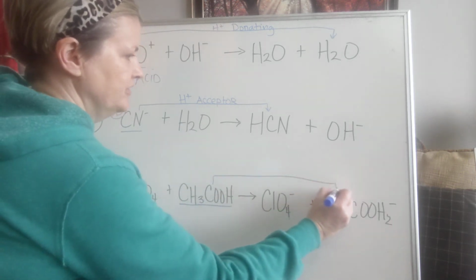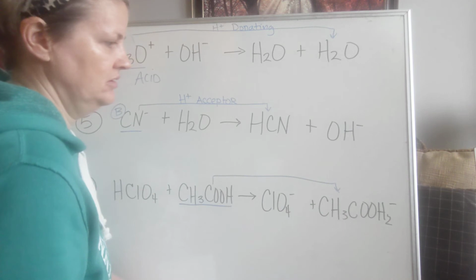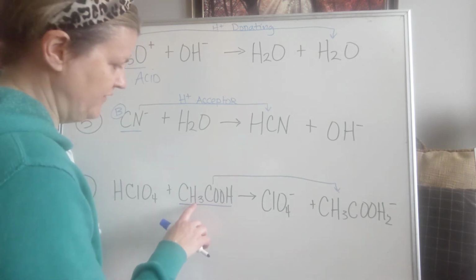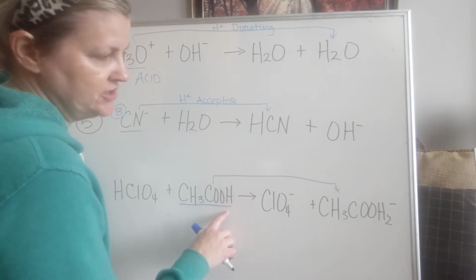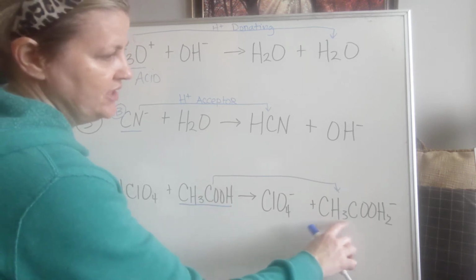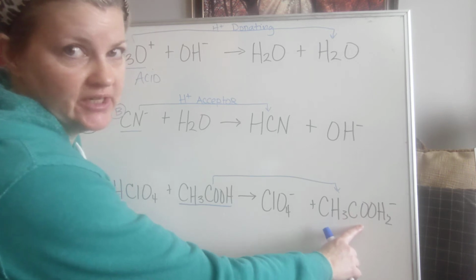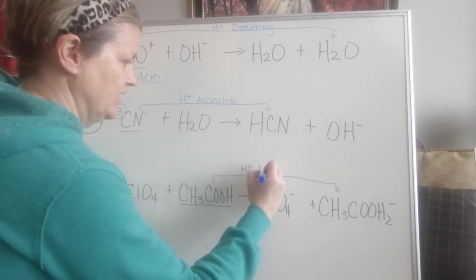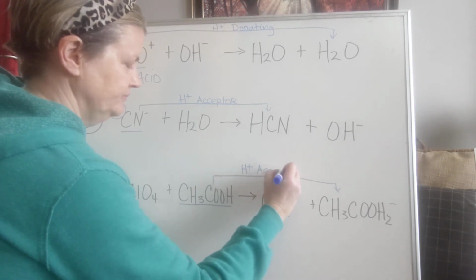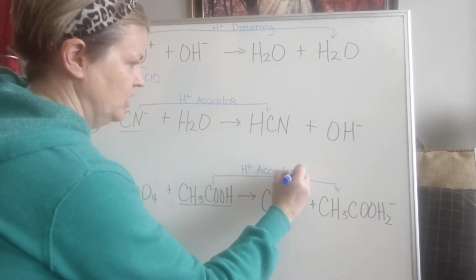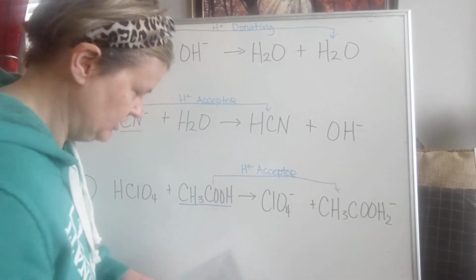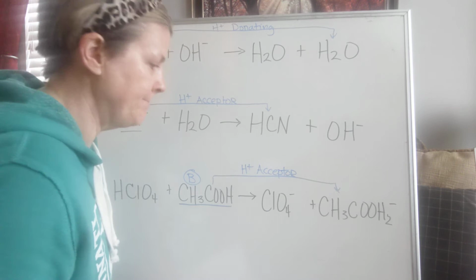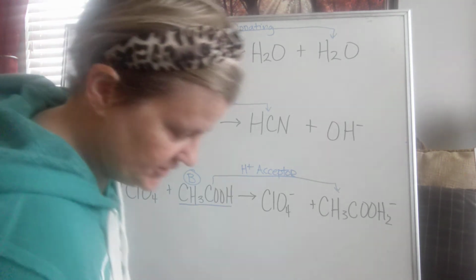We're looking for a difference of 1 hydrogen. So it becomes that guy. We have 4 hydrogens here, and we have 3 and 2, 5 hydrogens here. So this is a hydrogen ion acceptor. So this guy is a base. Okay? All right, on to the next page.